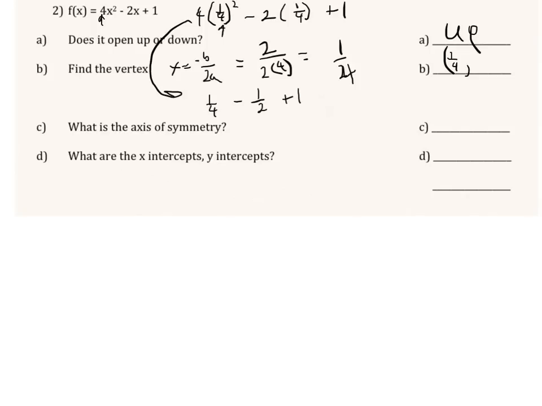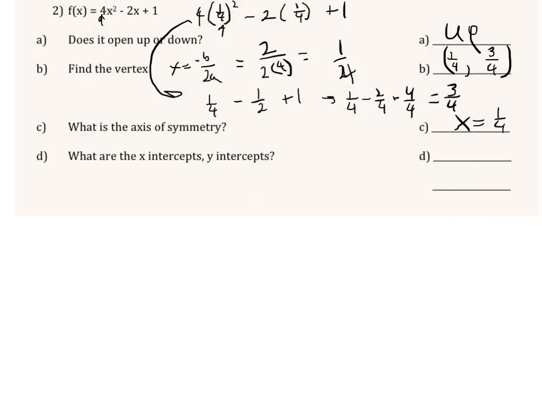So we really got 1/4 minus 2/4 plus 4/4. So I got 3/4. So (1/4, 3/4) is our vertex. Our axis of symmetry, x equals 1/4.